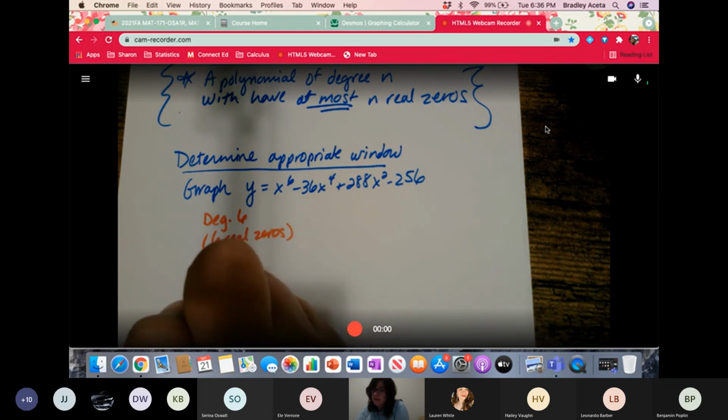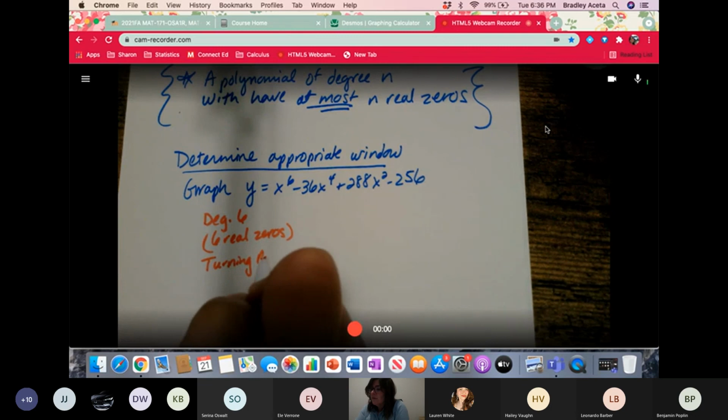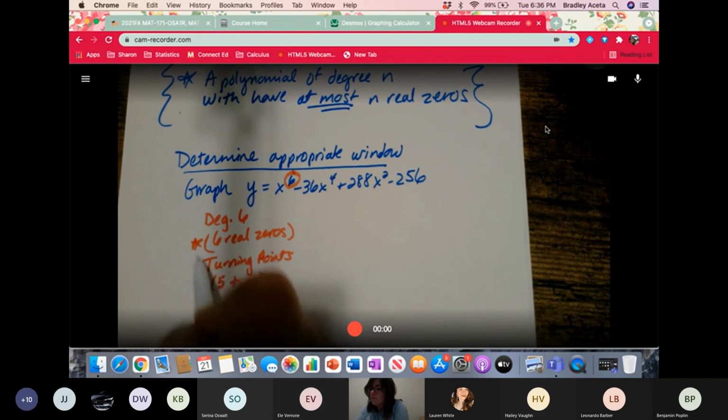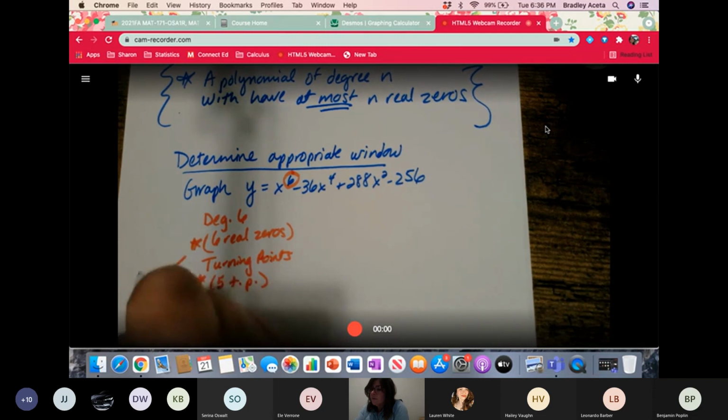How about turning points? Let's talk about turning points. The most amount of turning points it could have would be 6 minus 1. So it could have 5 turning points. That's the most. Again, these are the most. Not necessarily it will have it, but that's the most it could have.